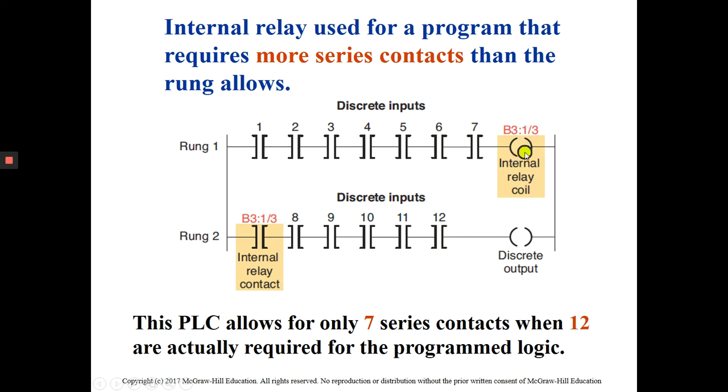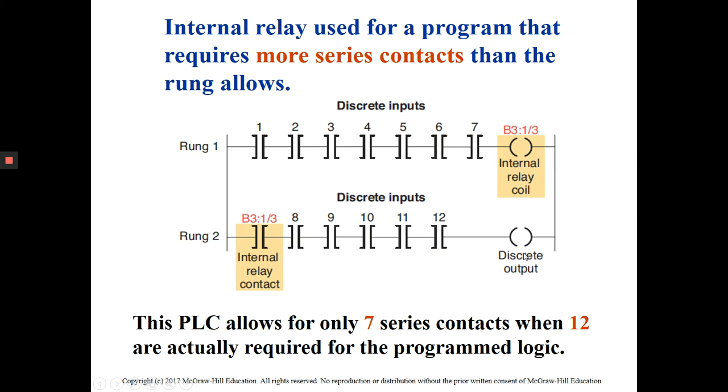If this internal relay is energized, it has contacts, and one of its contacts here, B3 1/3, will be used in the second rank. So this will also be true. If this one is true, then we continue to instruction 8, instruction 9, 10, 11, 12. If all are true, then the output will be on. So we can see here we use the 12 instructions in order to make a decision of energizing the output device.